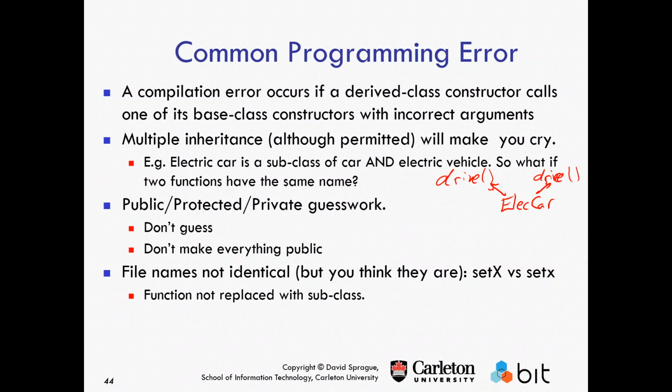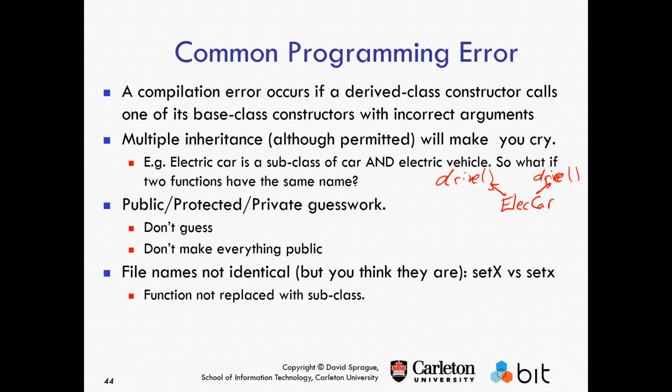Do not guess with public, protected, and private. You will. Everyone does at some point in time, but try not to. A lot of people will just guess and make everything public and hope for the best, and it's good enough for passing the assignment. That's because you didn't work ahead on your assignment early enough. What you want to do is think: I know I'm making this public because I need it to be public.